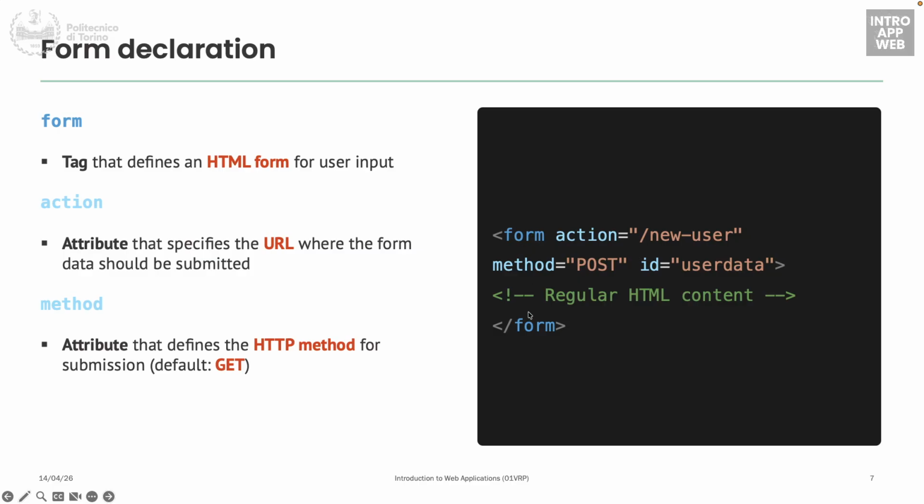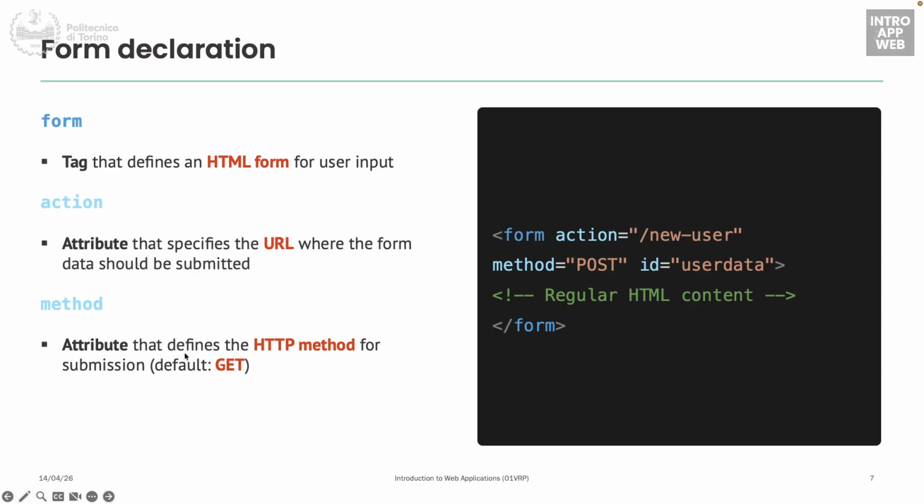It opens here and it closes here, like a container, like any other HTML element we have seen so far. Then we have the action, which is an attribute that specifies the URL to which the form data should be submitted. So up to now, let's stay with that definition. The action is the URL to which the data will be submitted. Then we will see practically how that makes sense.